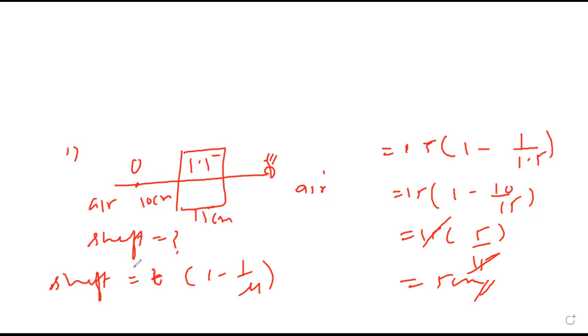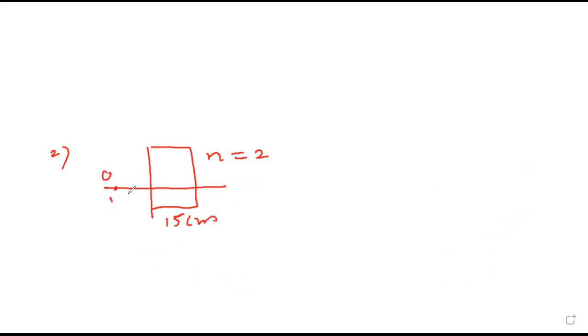Done, sir. This is glass here, and here we have a medium of refractive index 2. Glass slab thickness 15 centimeter. Object is at 10 centimeter. Again find the shift. The slab has refractive index 1.5.